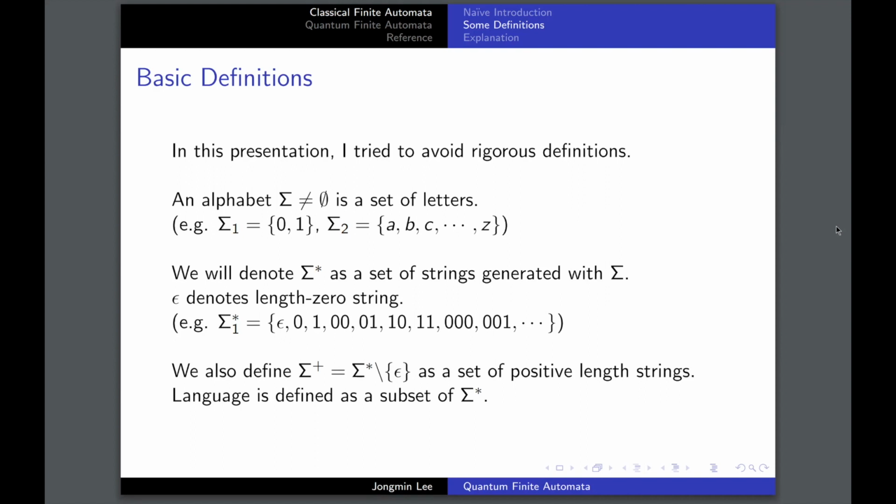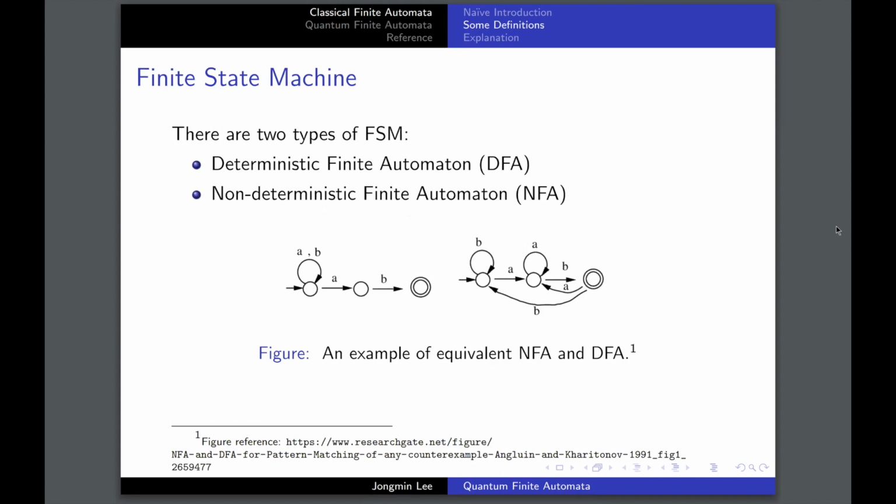This is a CS research topic. And we define finite state machines in 2 cases.